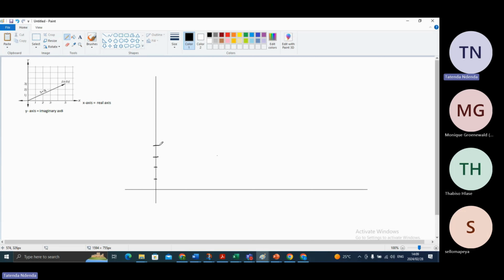Don't leave it at 3, guys, put it to 4, right? Because this is the imaginary axis. So this is going to be 1j, then this is 2j, this is 3j, and this is 4j, right? Then on the other x end, we're having this.